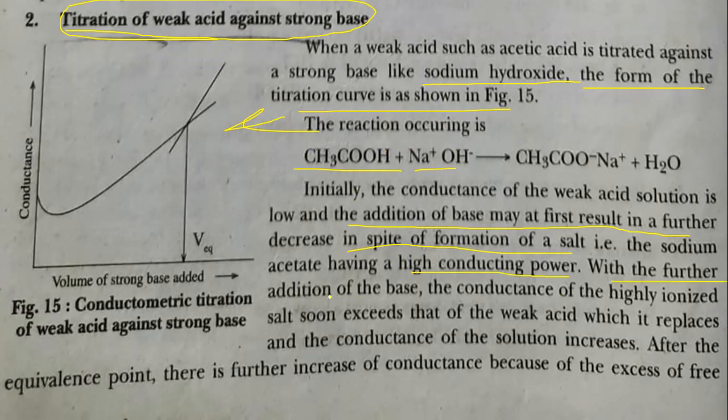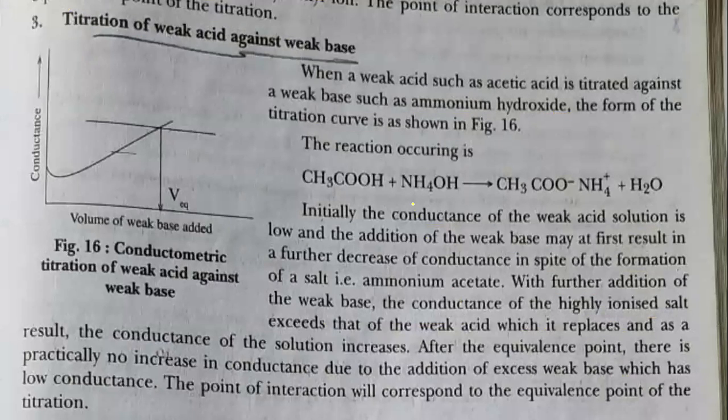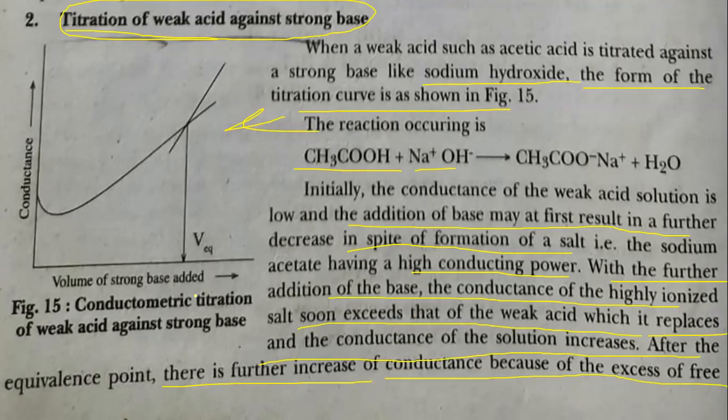With further addition of the base, the conductance of the highly ionized salt soon exceeds that of the weak acid which it replaces, and the conductance of the solution increases. After the equivalence point, there is a further increase in the conductance because of the excess of free hydroxide and acetate ion in the solution.